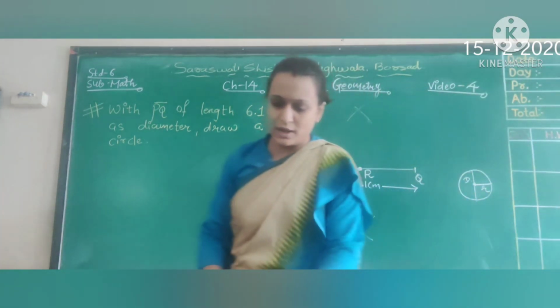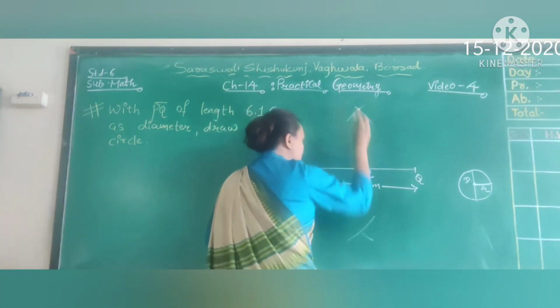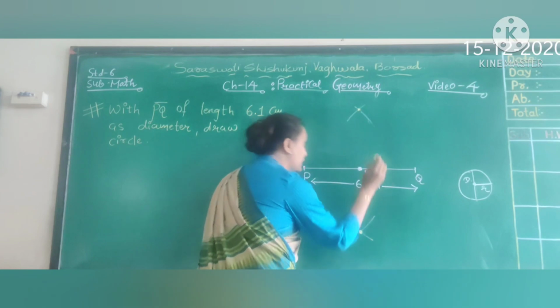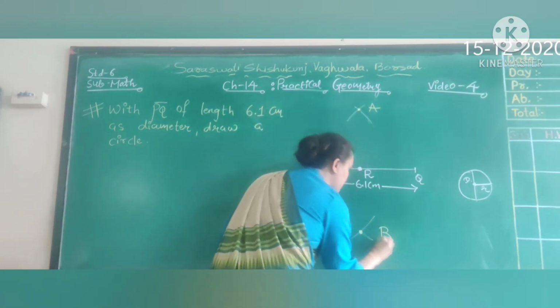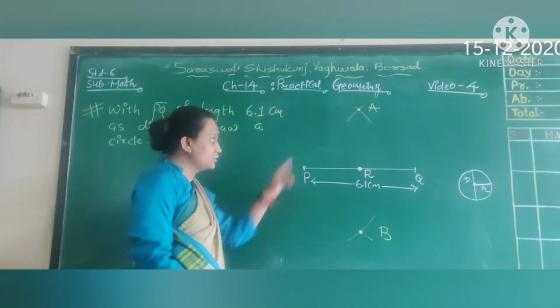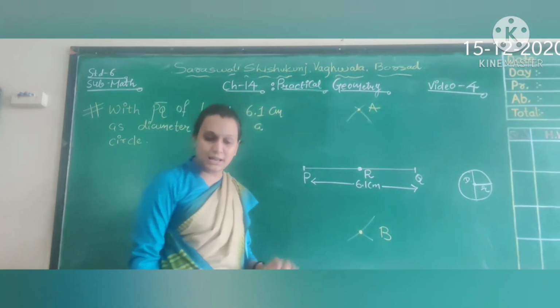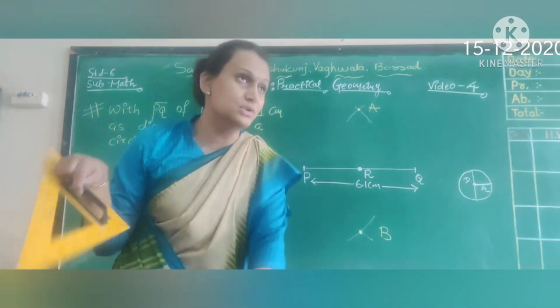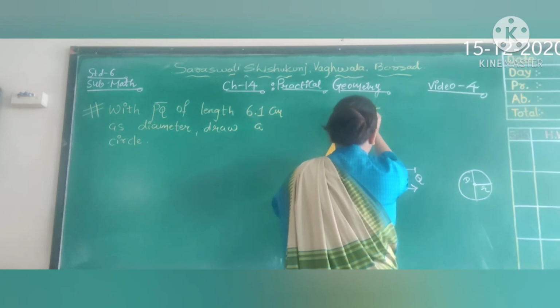So now you can see here both arcs are intersecting each other here. Clear? So let us give our names as A and B. Now we have to join A, R and B with the help of a straight line. So first we are going to join A, R and B with a straight line.